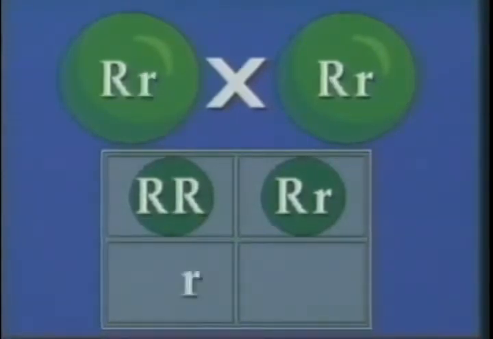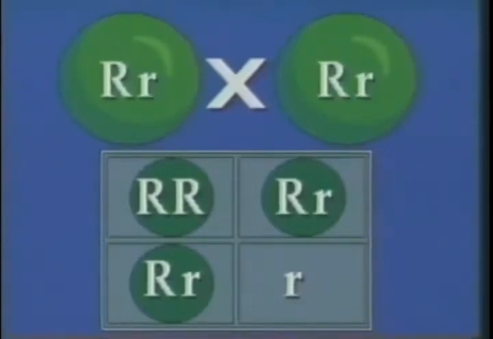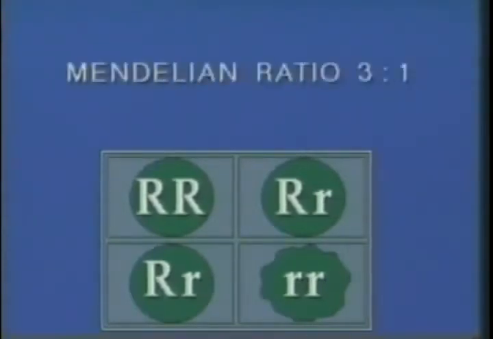Or the recessive factor from one parent may combine with the dominant factor from the other parent, and again the dominant factor, roundness, is expressed. In only one case, when the recessive factor from one parent combines with the recessive factor from the other parent, does the wrinkled form prevail. Hence the famous Mendelian ratio, 3 to 1, 3 times as many round peas as wrinkled.